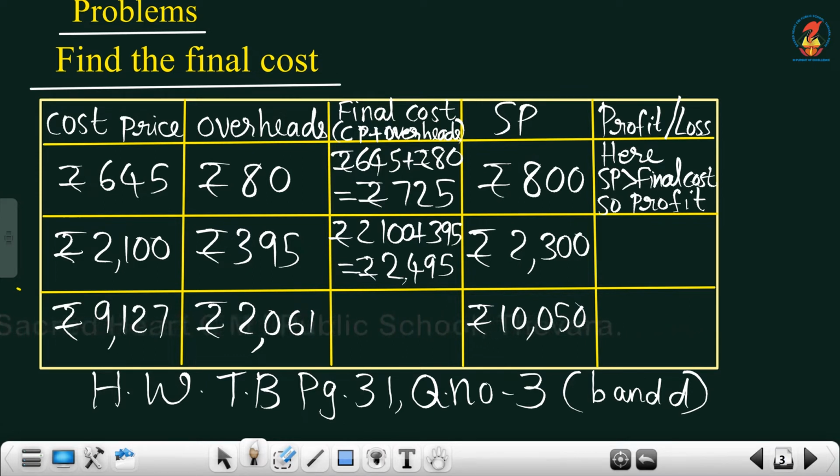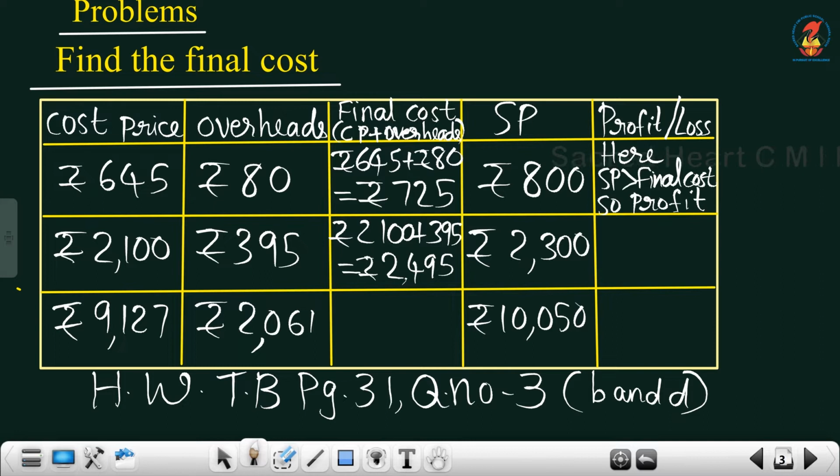Then after that I need to compare which and which? Final cost and selling price. Here the selling price is 2300, but the final cost is what? 2495. Which one is greater? Final cost is greater. So did this person get profit or loss?